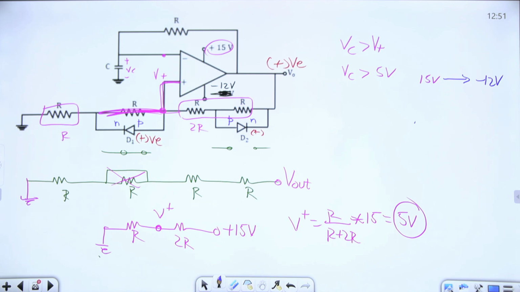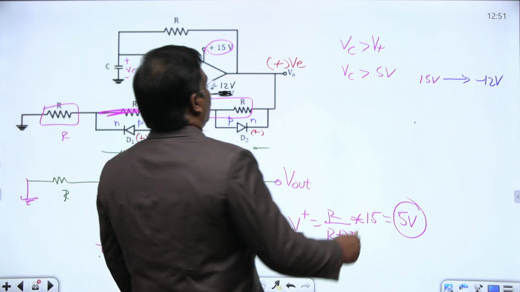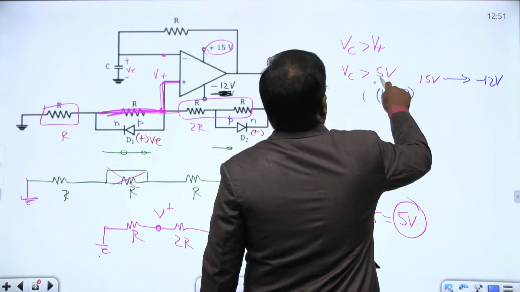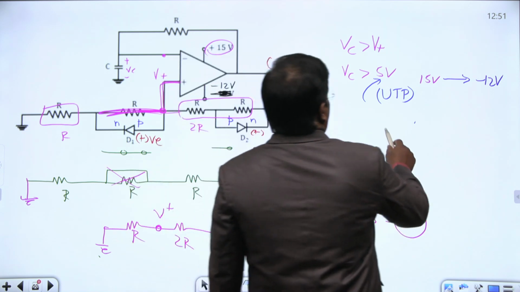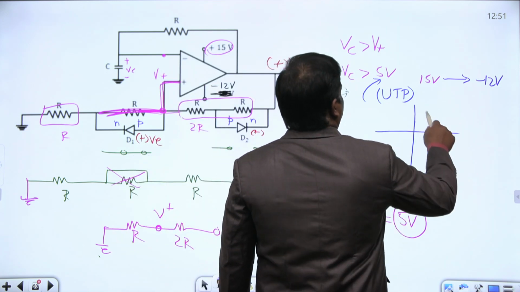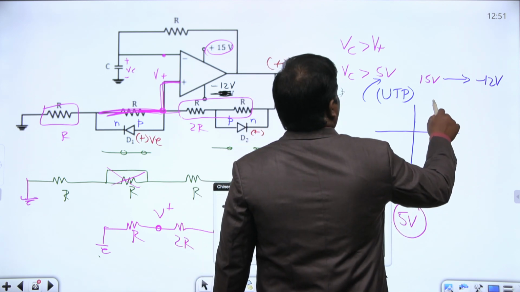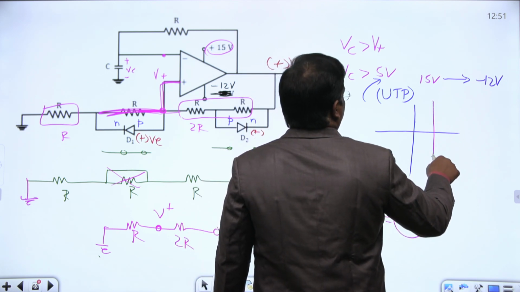That point is called the UTP point. This point is called the UTP point. Then that voltage moves from plus 15 to minus 12 volts.